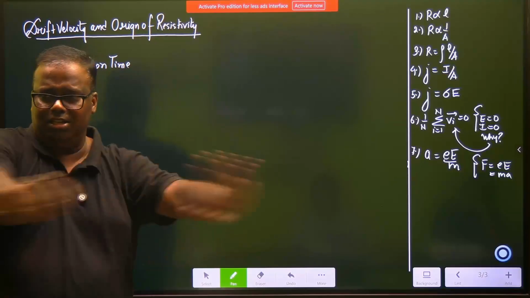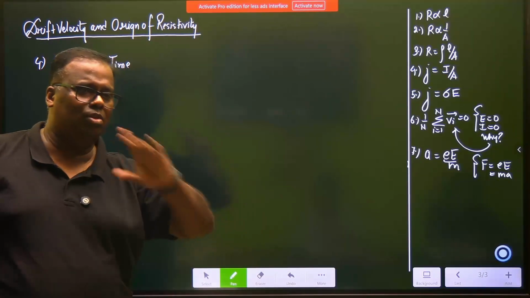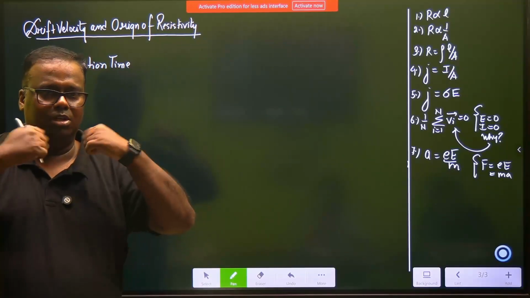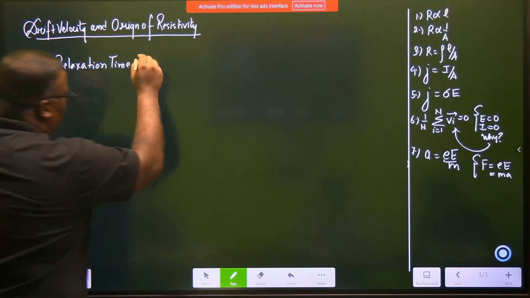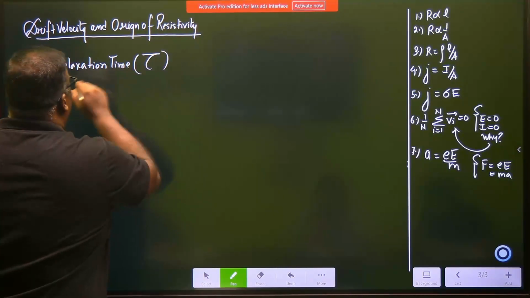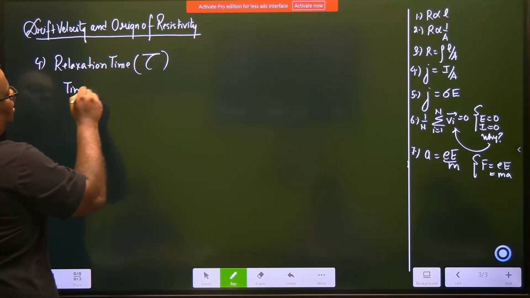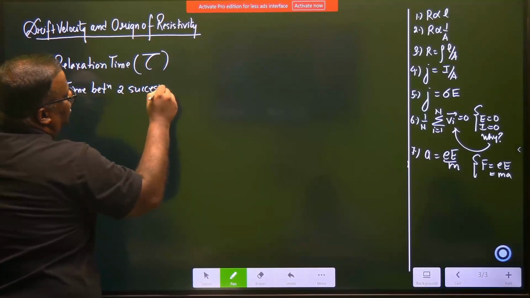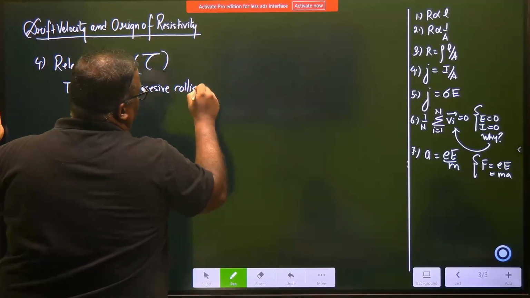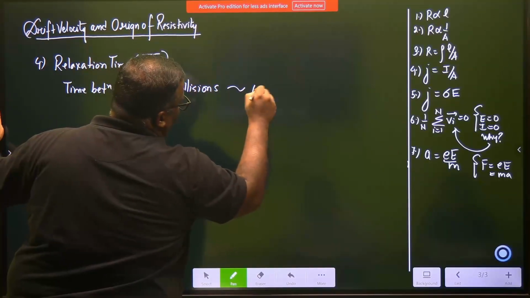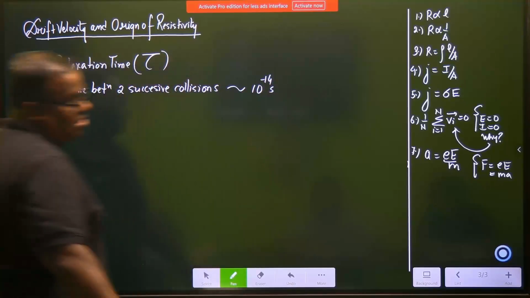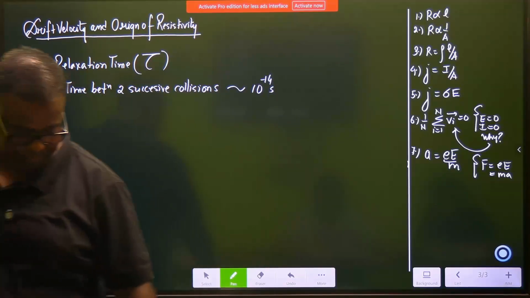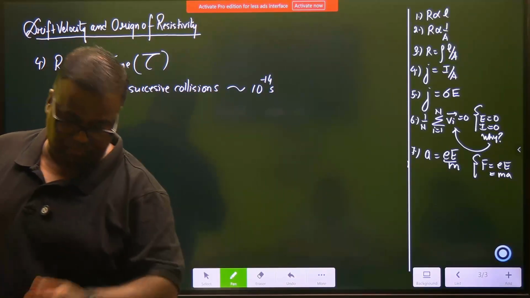And then suddenly the referee will blow a whistle and separate the two boxers. For some time, they're just not having a bout. That's relaxation time. Relaxation time is denoted by tau. It is the time between two successive collisions, on average around 10 to the power minus 14 seconds. Did you understand? That is the time an electron gets between two successive collisions.